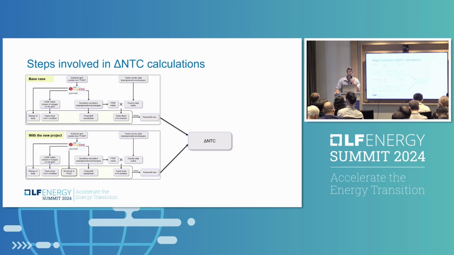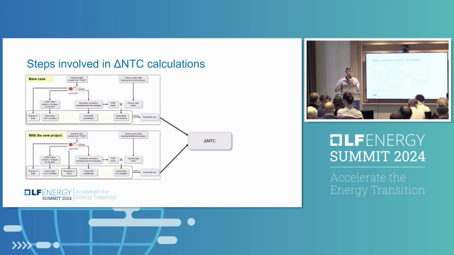You answered a little in your question. Since it's for planning studies, AC convergence is always tricky to reach, and we don't have all the information that we need to perform AC load flows, because you don't have reactive data or forecast reactive data at that time horizon.